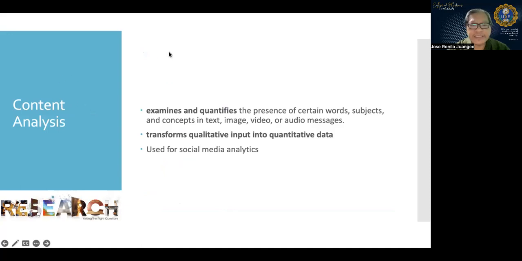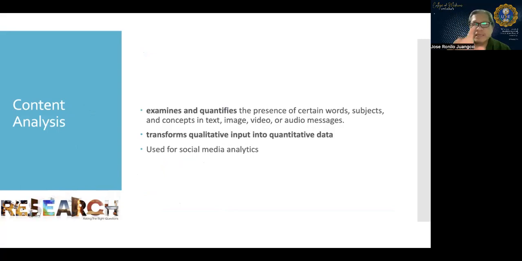Content analysis is actually a quantitative analysis of your qualitative data. Okay, so it examines and quantifies the presence of certain words, subjects, and concepts in text, image, video, or audio messages. It transforms qualitative input into quantitative data. So for content analysis, you look at the different contents and you try to number them.